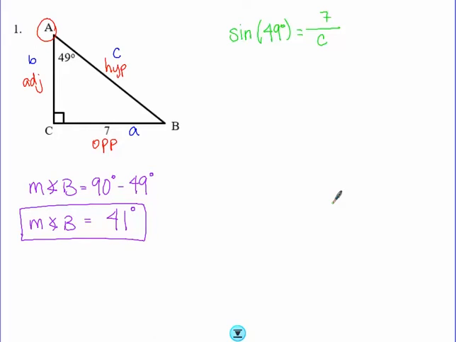If I multiply both sides by C and then divide by sine of 49 degrees, I get that C is 7 over sine of 49 degrees.